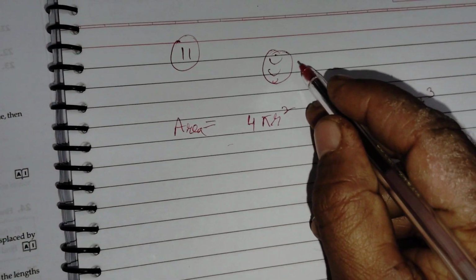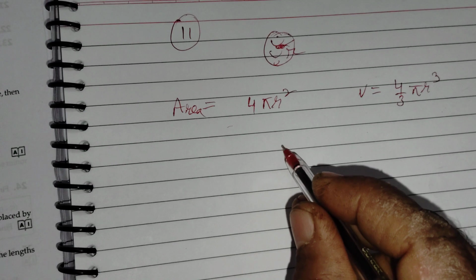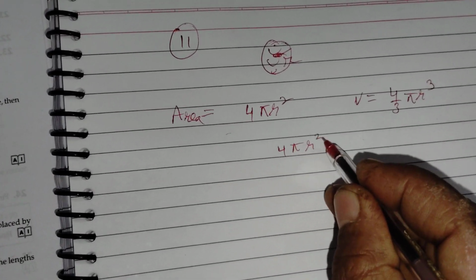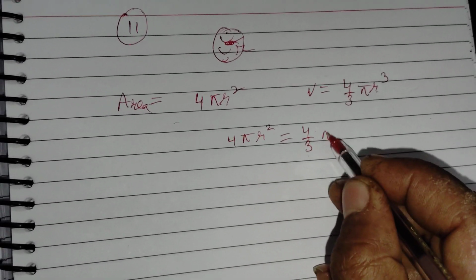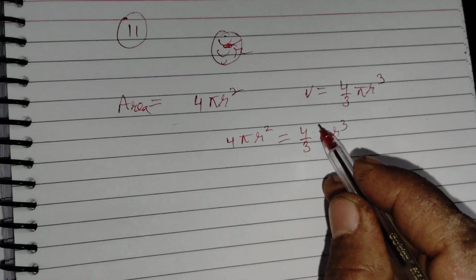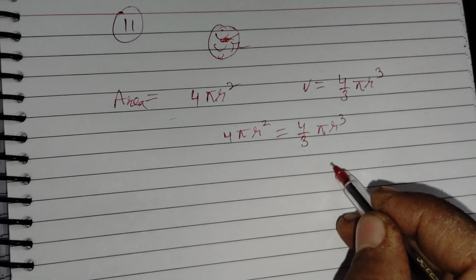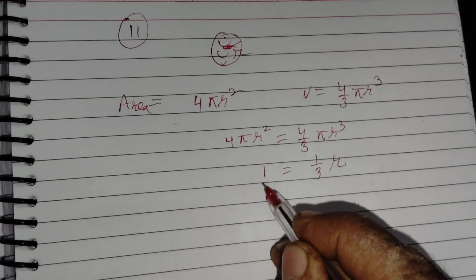So the radius is r, and the area is equal to the volume. So we write 4 pi r square equal to 4 upon 3 pi r cube. So 4 pi cancels, r square cancels with r cube, we get only r, and 1 upon 3 is also left, equal to 1.